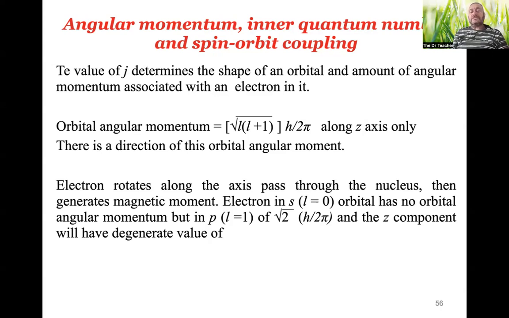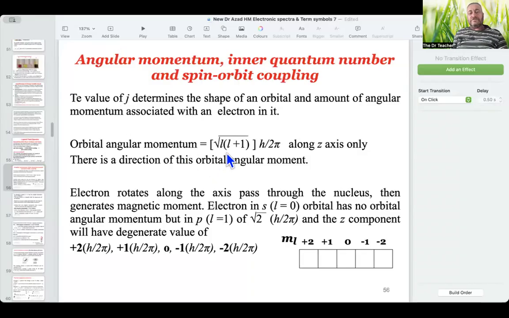But in p, when L is 1, let me have a look here. When L is 0, then 0 times 0 plus 1 will be 0, so everything is gone.